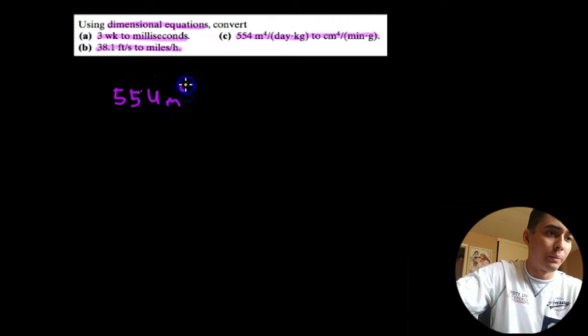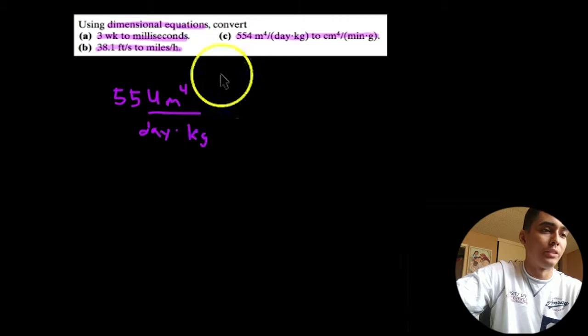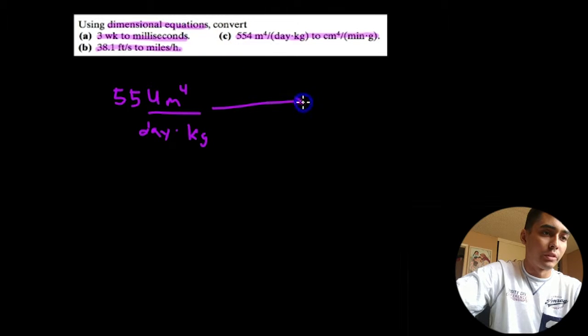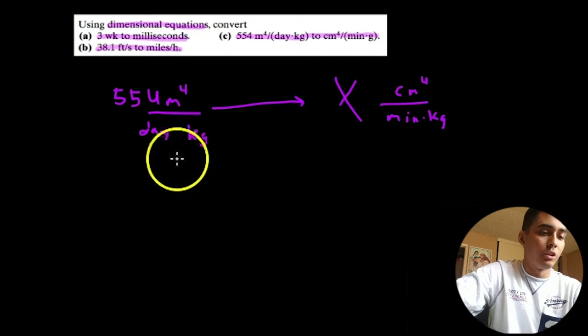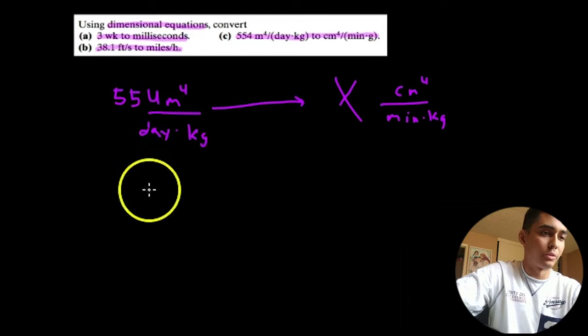So meters to the fourth divided by, let's put everything on the bottom, days times kilograms. So we have every single base dimension, and we want to convert this to some amount of centimeters per minutes times kilogram. So again, dimensional analysis, especially something so weird like this, is very important.